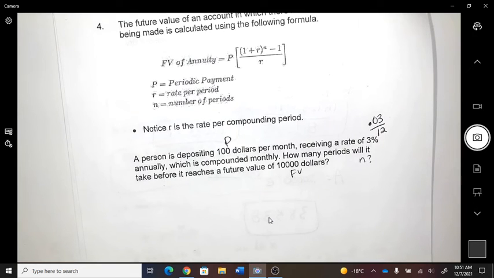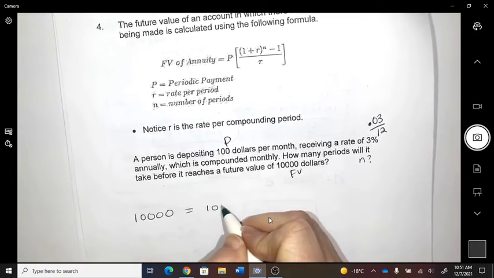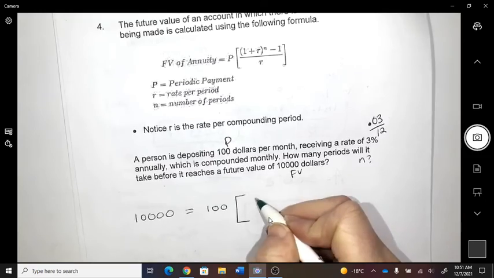Okay, so there I read it. I picked out all my variables. So I want 10,000. I'm going to keep putting in $100.